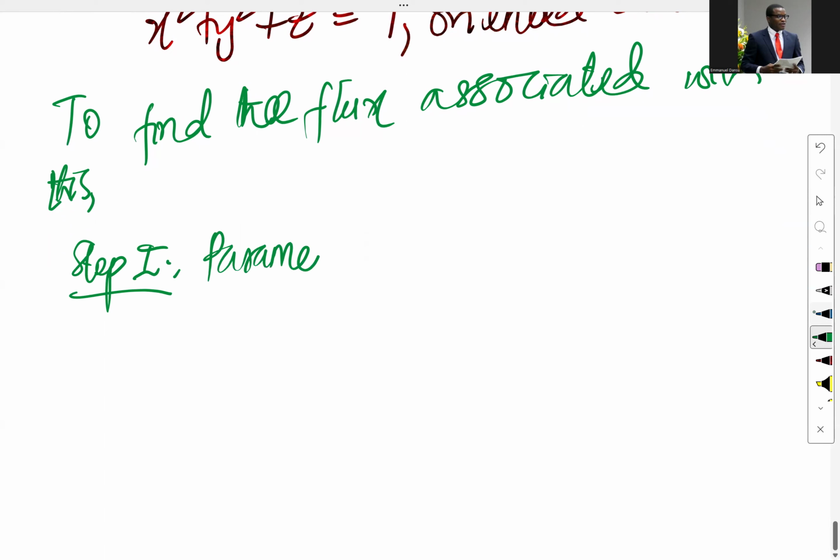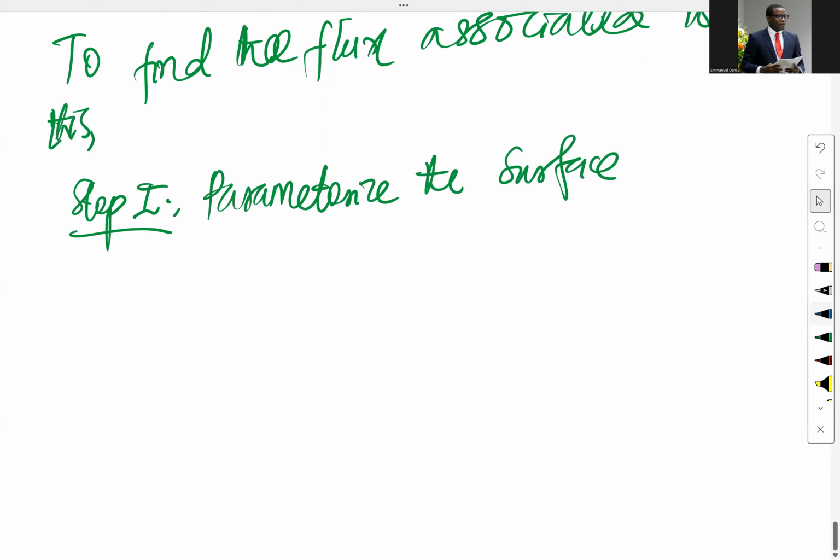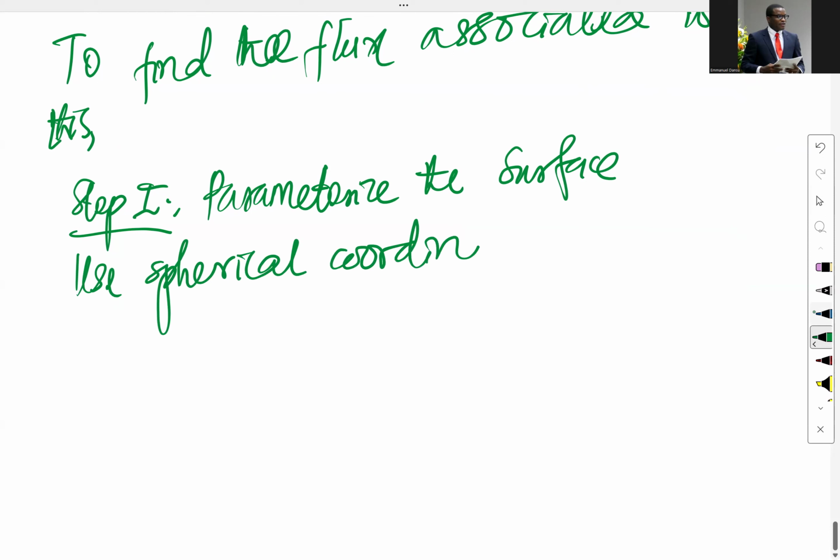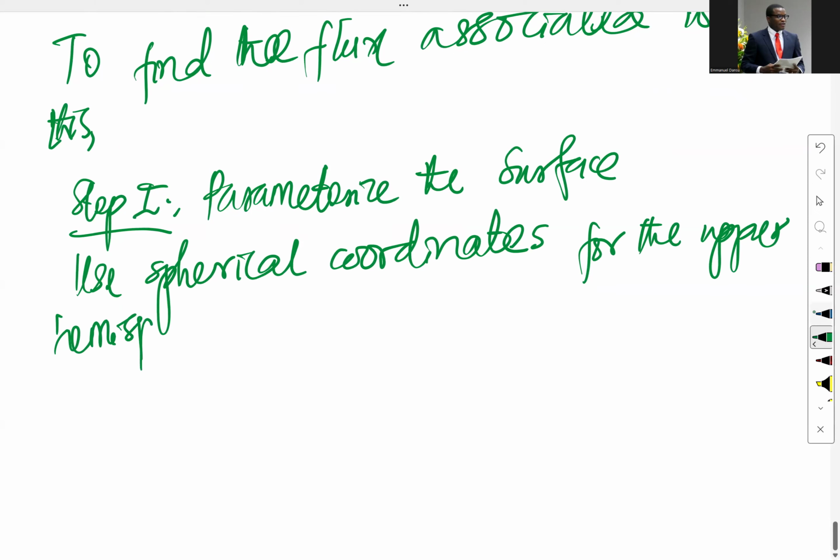Step one, parameterize the surface. It's more like defining a function for the surface for easy handling. So here we use spherical coordinates. You know, you have the Cartesian coordinates normally, that's the XYZ axis. So here we are talking about the spherical coordinates for the upper hemisphere. Since we are talking about spheres, that's where spherical coordinates come in.